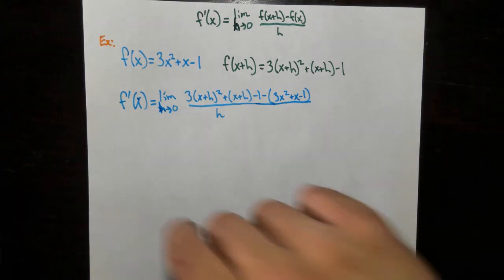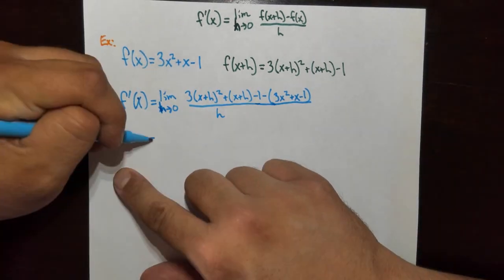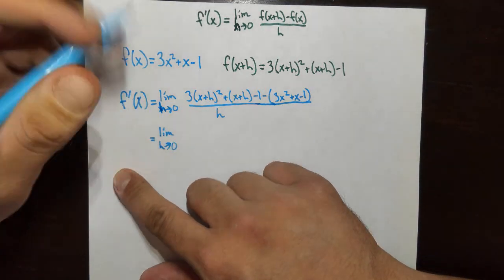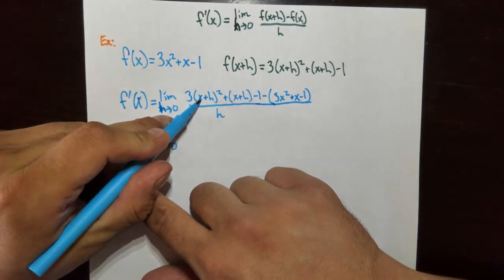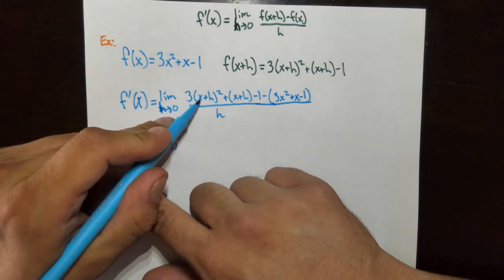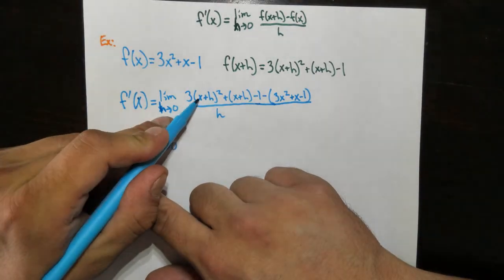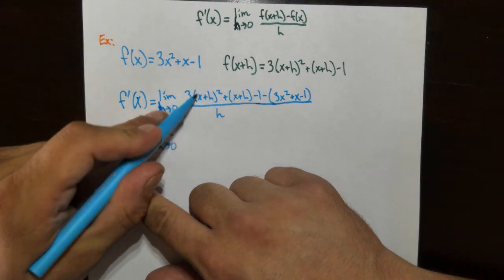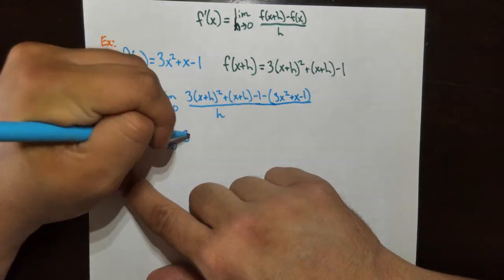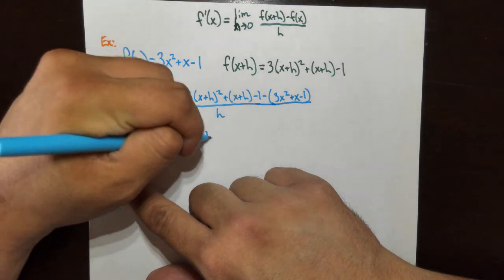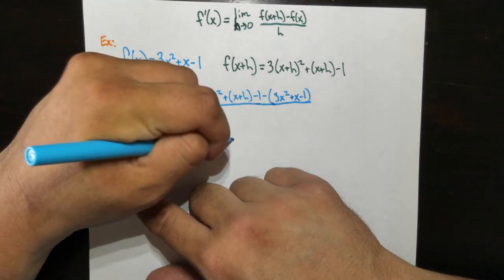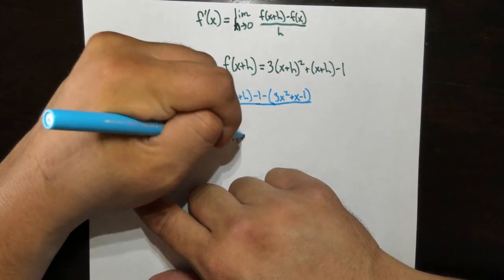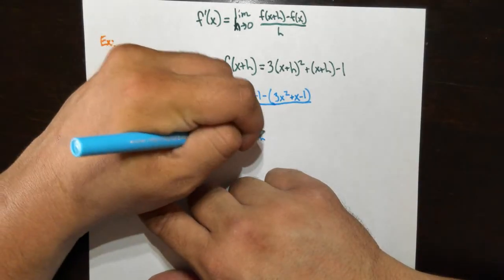So this is going to be the limit as h approaches 0, and I'm going to write this out. There's a shortcut you can do if you've done enough of these, and if you're comfortable doing it, you might as well.